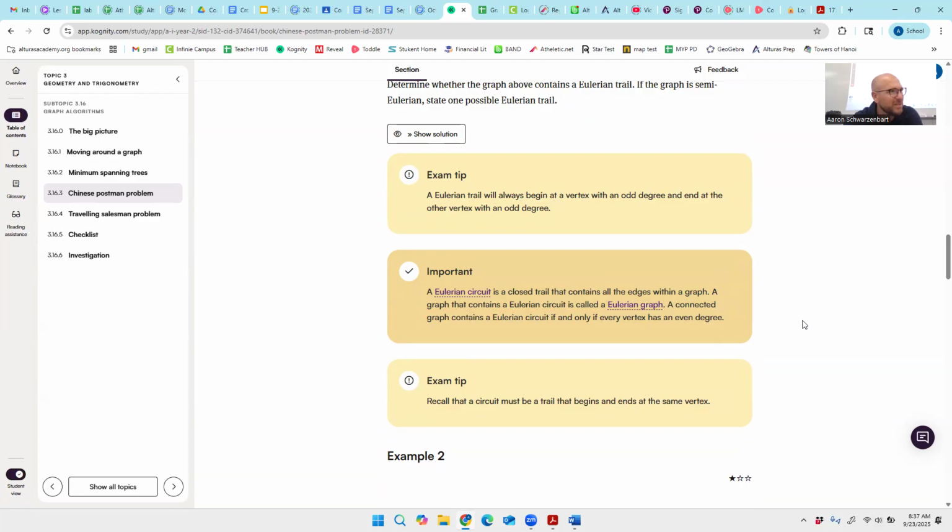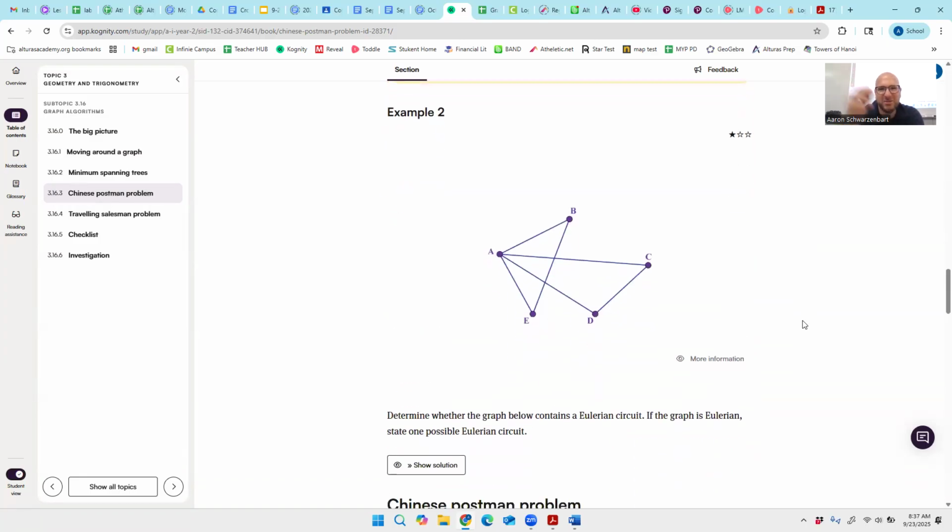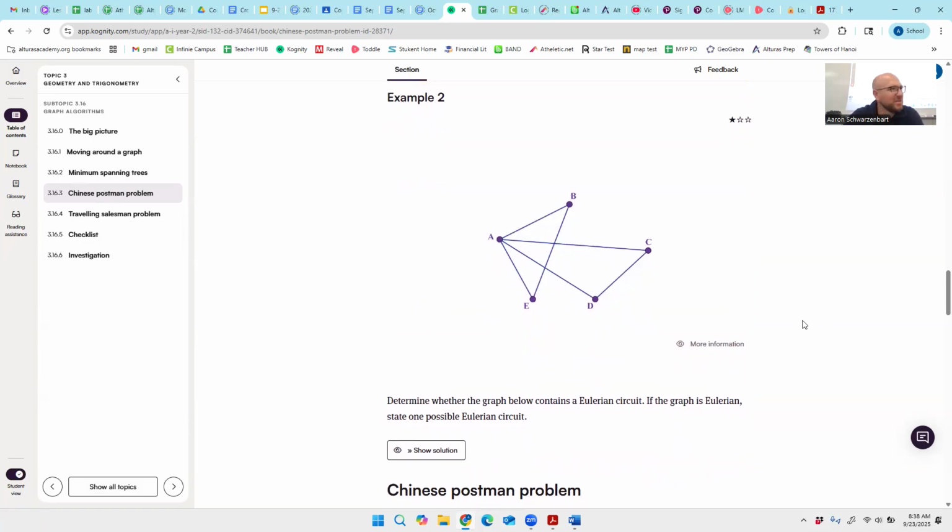This is what our book calls it, but a different book might call it a closed trail instead. That makes sense. It's like there's two definitions of a derivative. You can use either one. Okay, this one definitely has an Eulerian circuit. So I guess it did have an Eulerian trail. I'll draw it out.